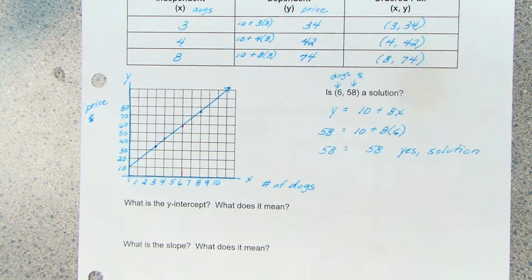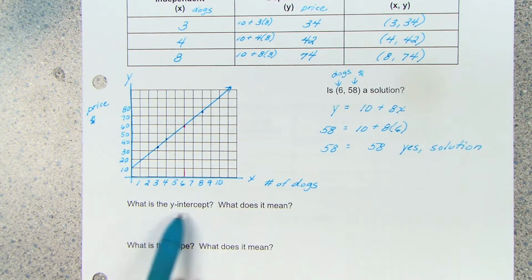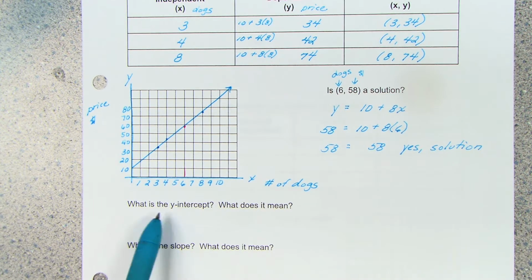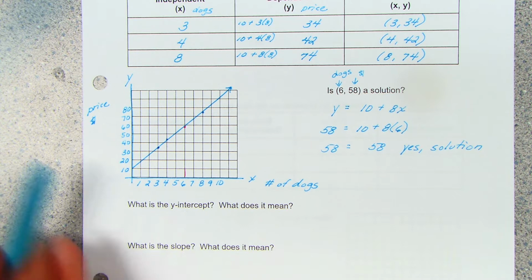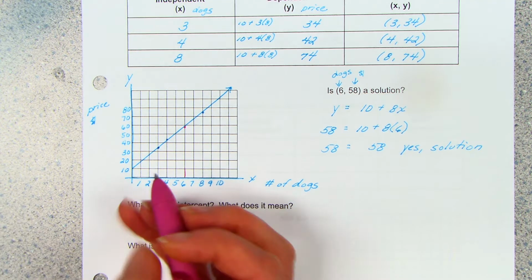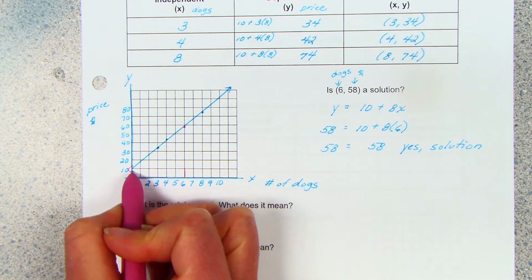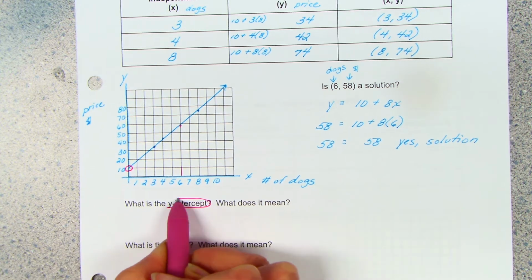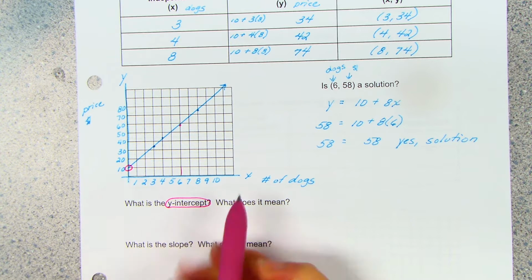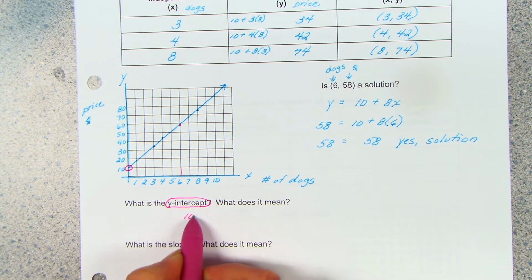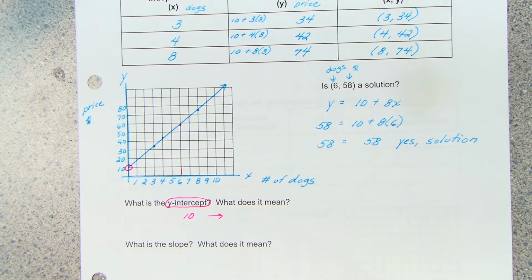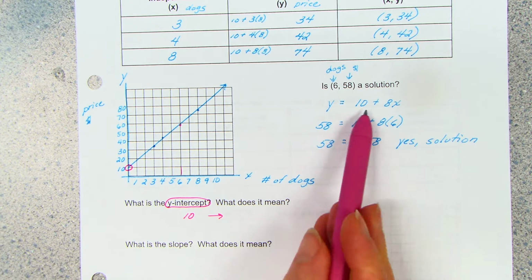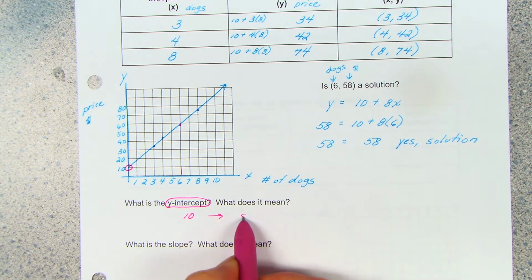All right. So now we're going to get really algebraic, getting pretty mathy with this. Are you ready? Let's look at the y-intercept and what that means. The y-intercept is the place where it crosses the y-axis. That's right here. The y-intercept is crossing right there at 10. What does that mean? Where's the 10 in the problem? The 10 is right here, right?